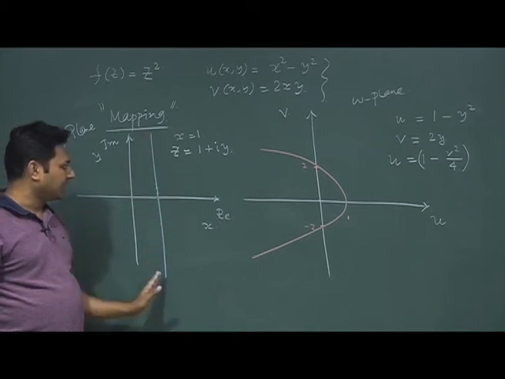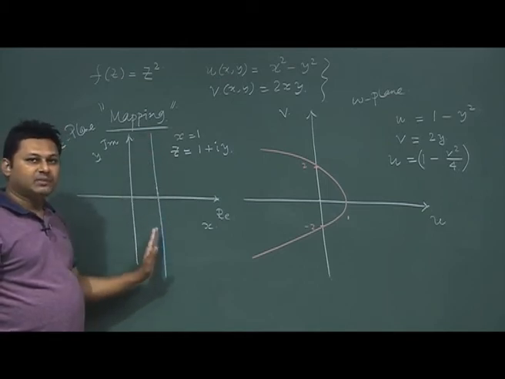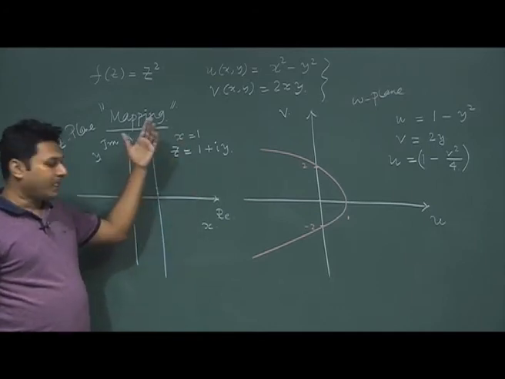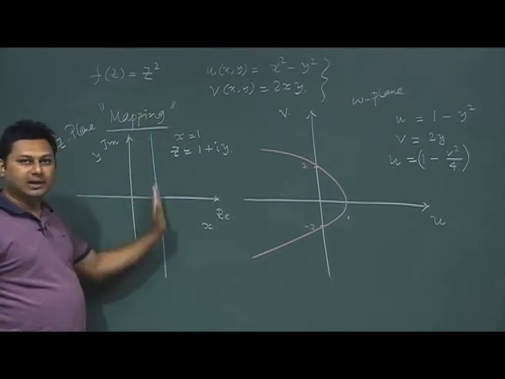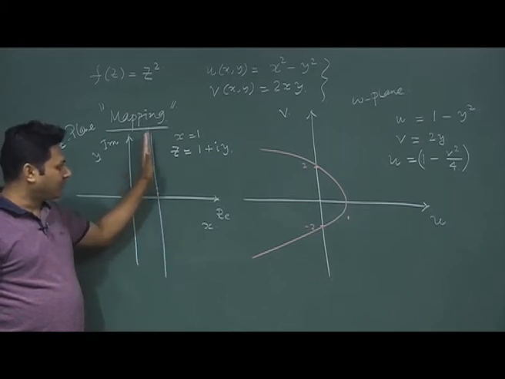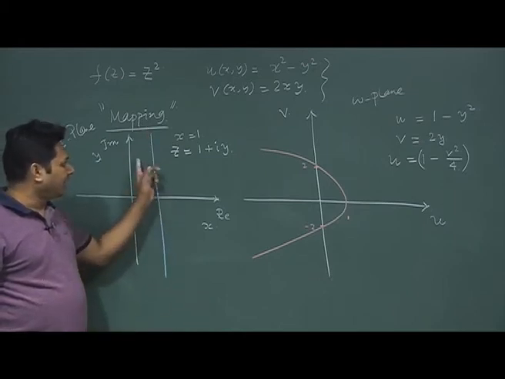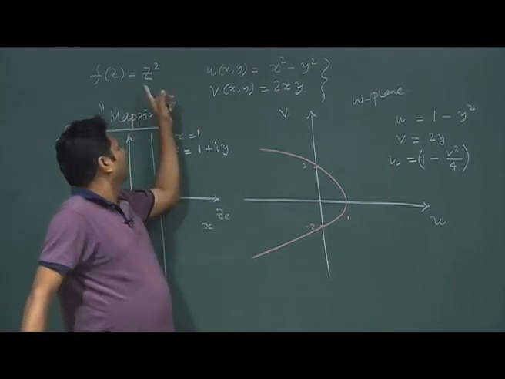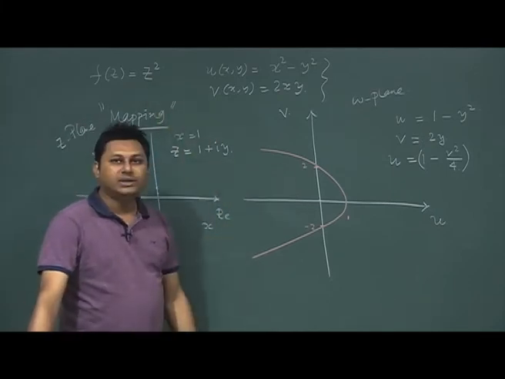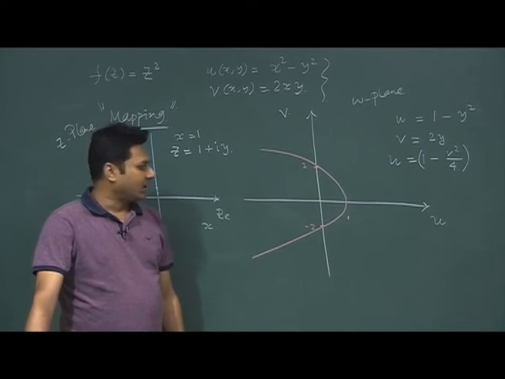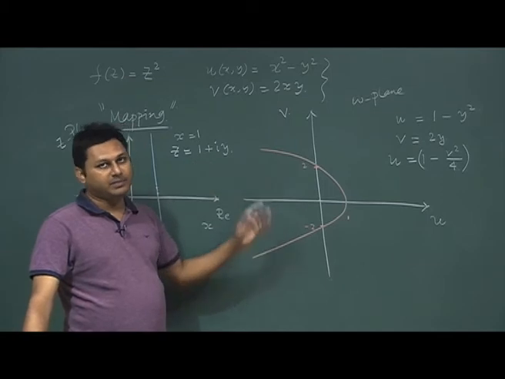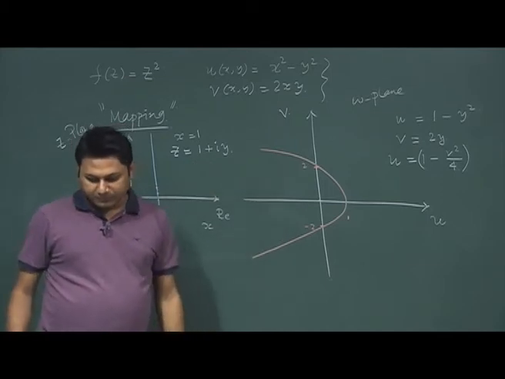Now my z does not vary over the entire plane, rather it is varying over one single line, and then I can map this to the w plane and find how u and v are related. So this is one example of mapping.